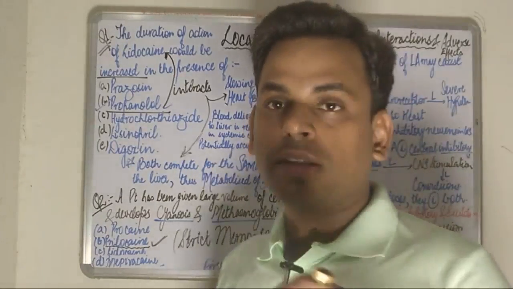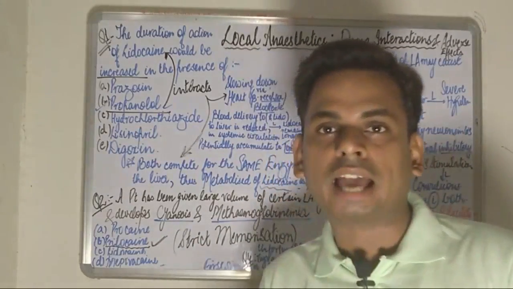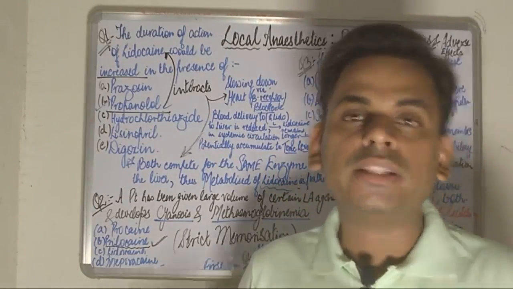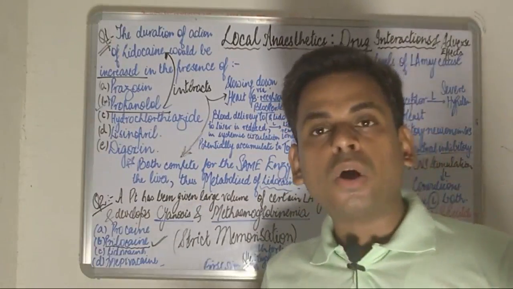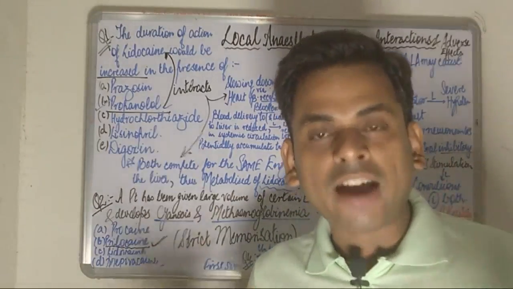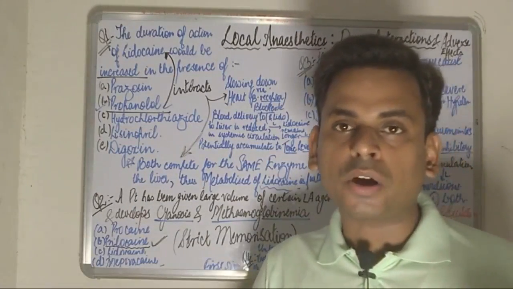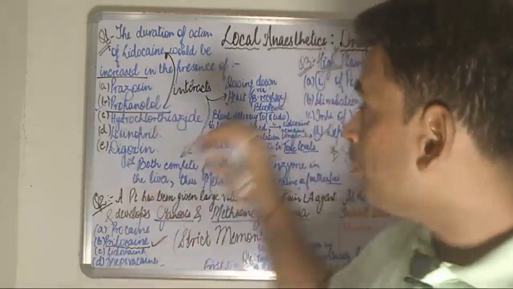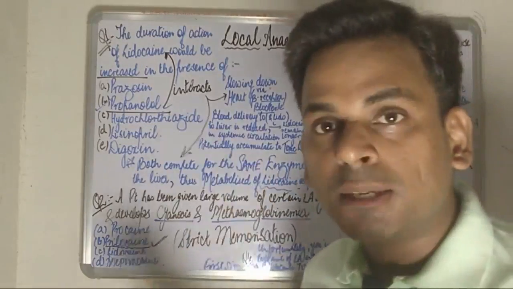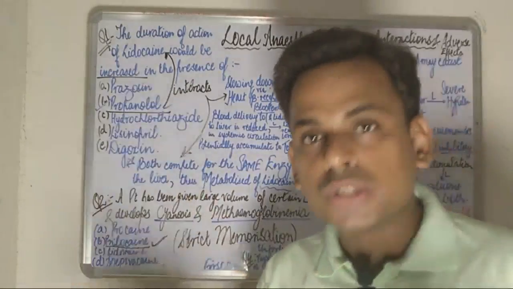With the help of this question, students, I have talked about one of the interactions of the local anesthetic with an antihypertensive drug, that is propranolol. Propranolol is a beta blocker antihypertensive, and it blocks the beta receptors in the heart, ultimately slowing down the heart.